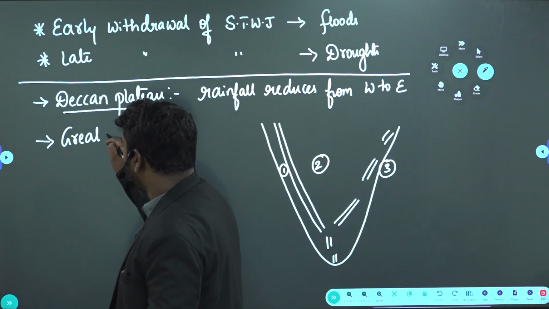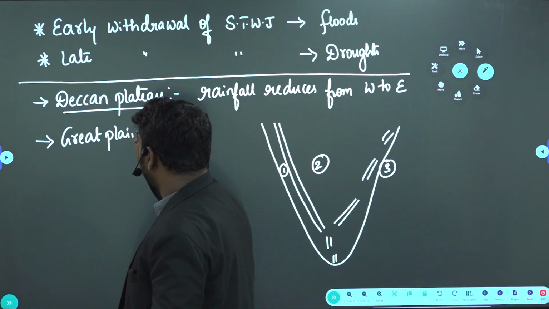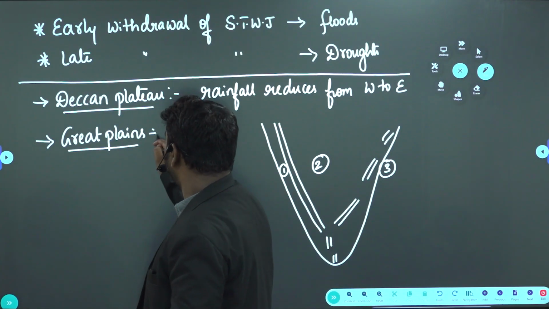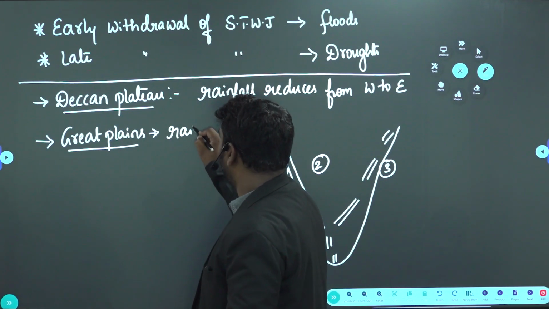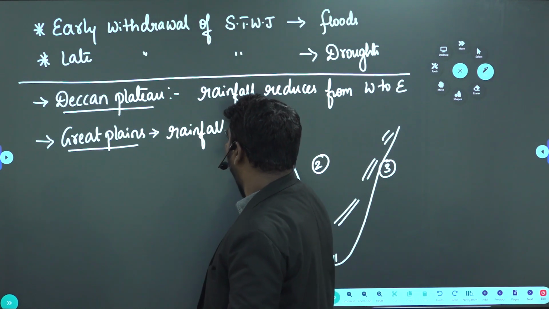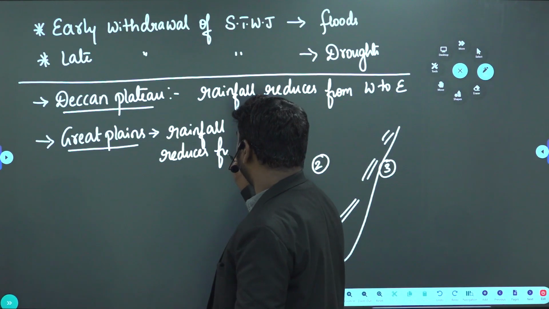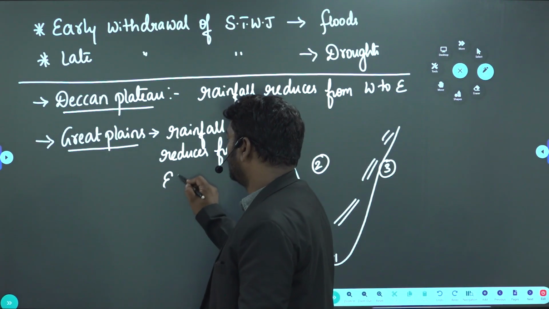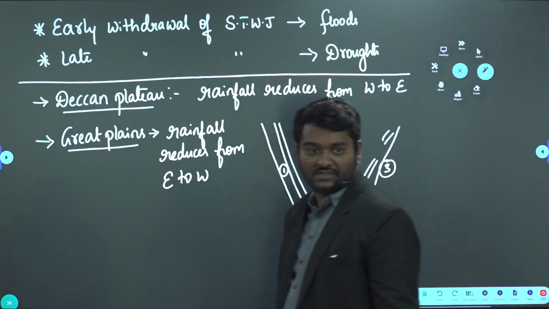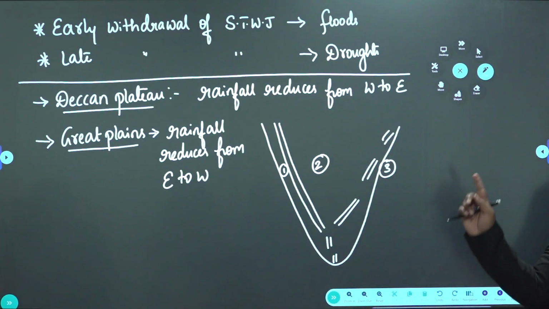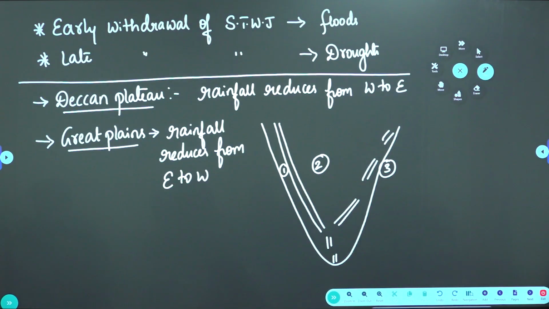If I take the Great Plains, rainfall reduces from east to west. Bay of Bengal branch, rainfall reduces from east to west. Assam will get more rainfall, Rajasthan will get less rainfall.